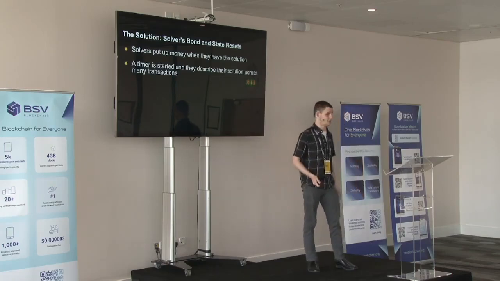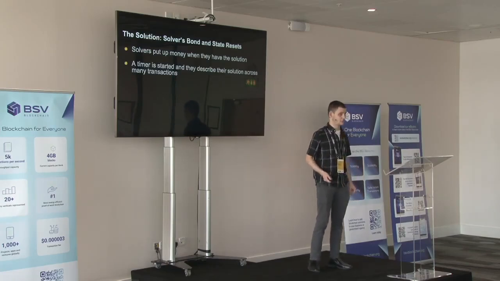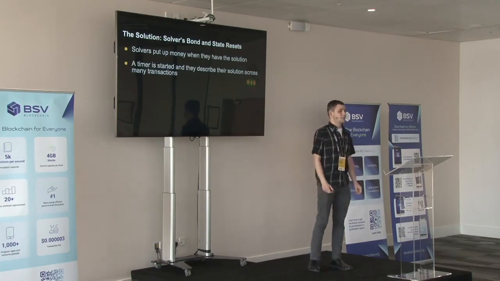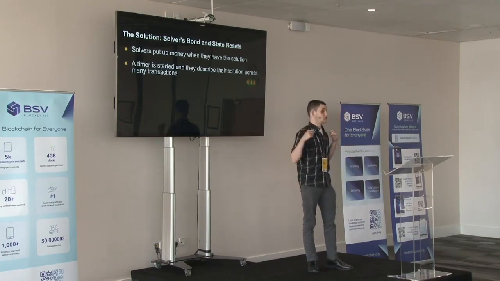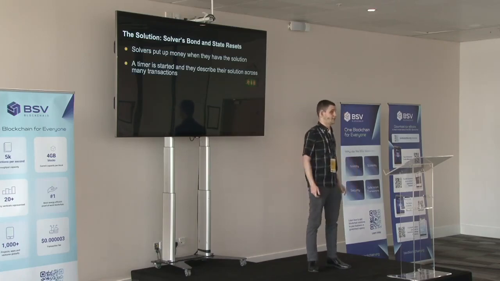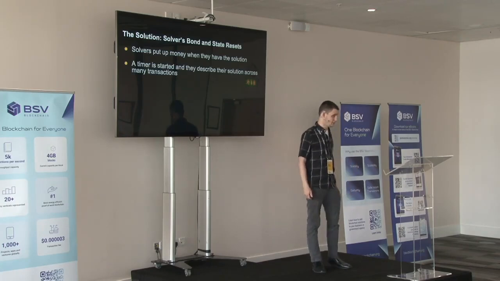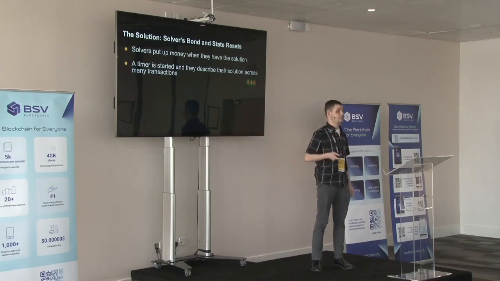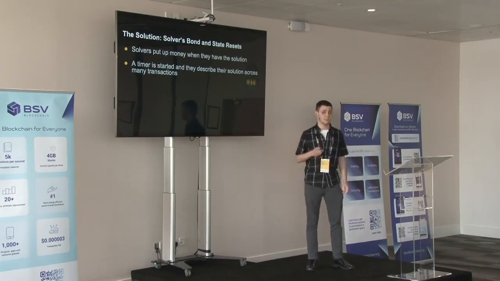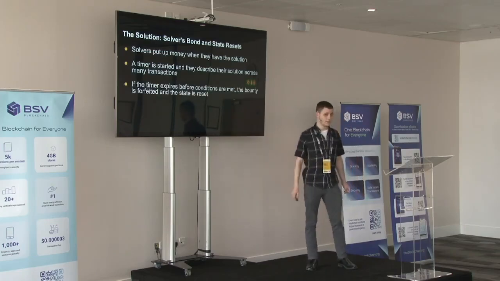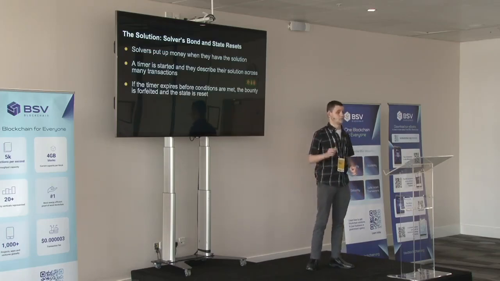And if he does not arrive at the solution within the amount of time specified, then we've actually recorded an original copy of the initial state of the UTXO prior to Bob's involvement. And after that time has expired, we can go back and we can reset the state of the UTXO back to the way it was before Bob was involved, and anybody can do this.